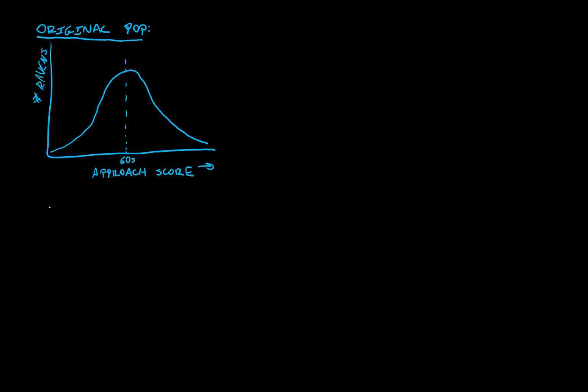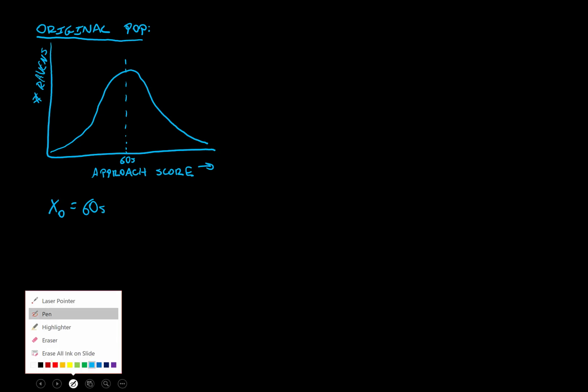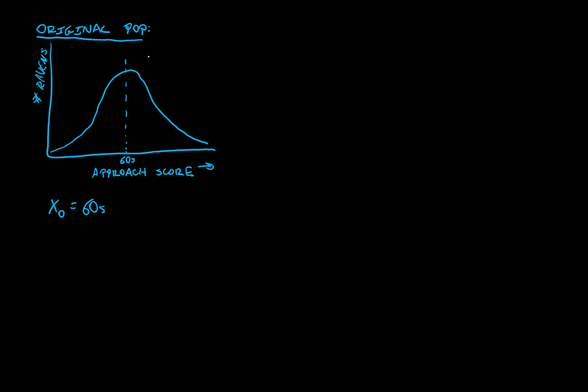Okay. So our x0, which remember is the mean for the original population, that's 60 seconds. Okay. But we are going to limit what birds in this population are allowed to breed.